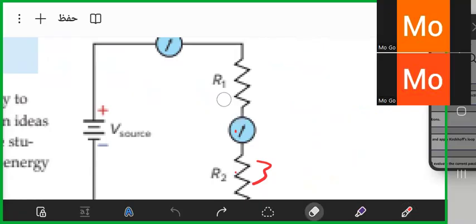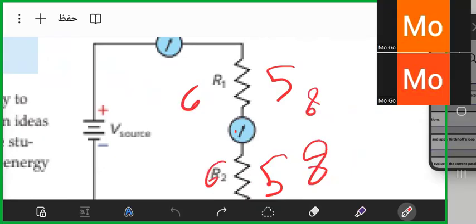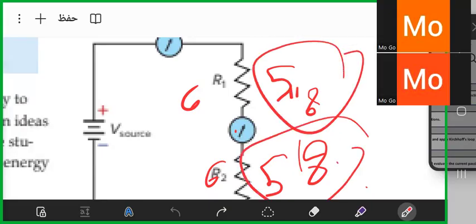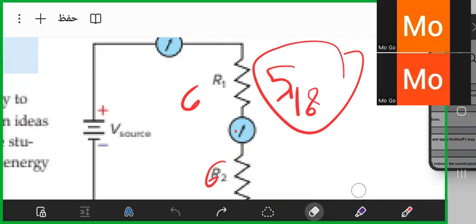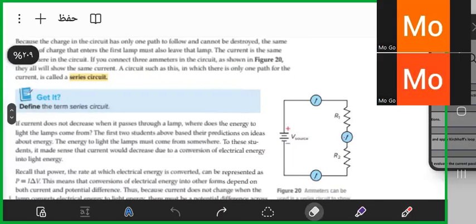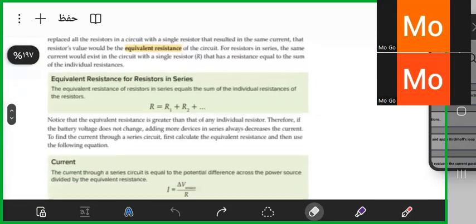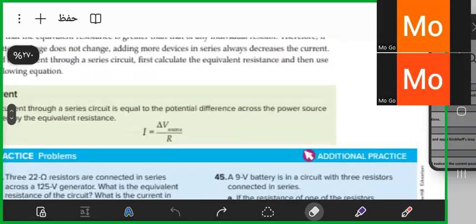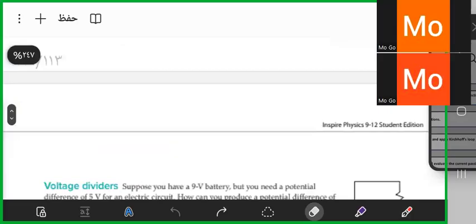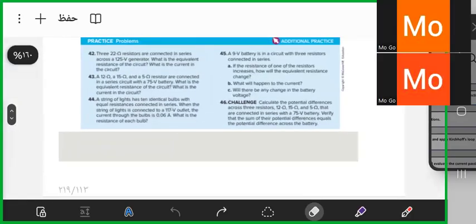It was 3 plus 3, 5 plus 5, 6 plus 6, 8 plus 8. So it was added. We add the resistances because it was connected in series, 85 plus 85, any number, added to find the total resistance. But it is different when connected in parallel.